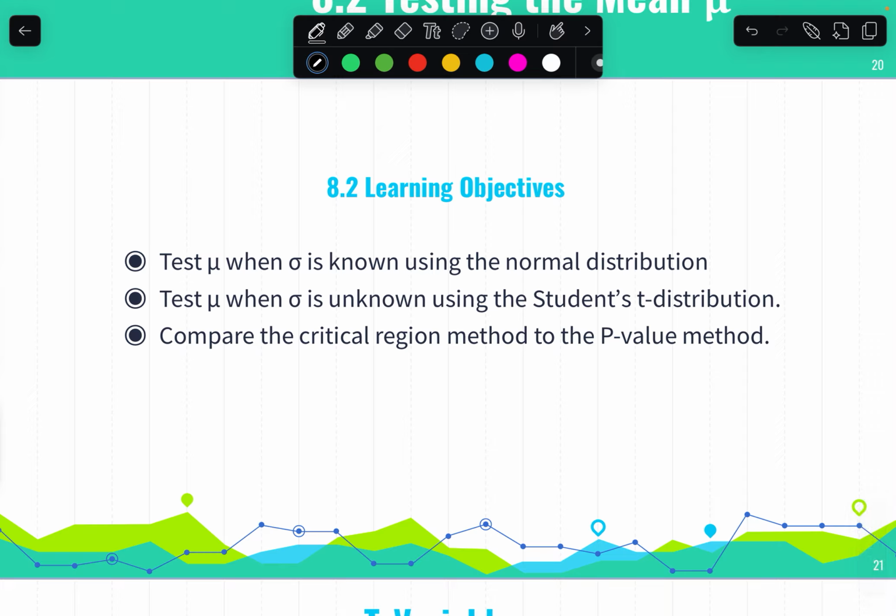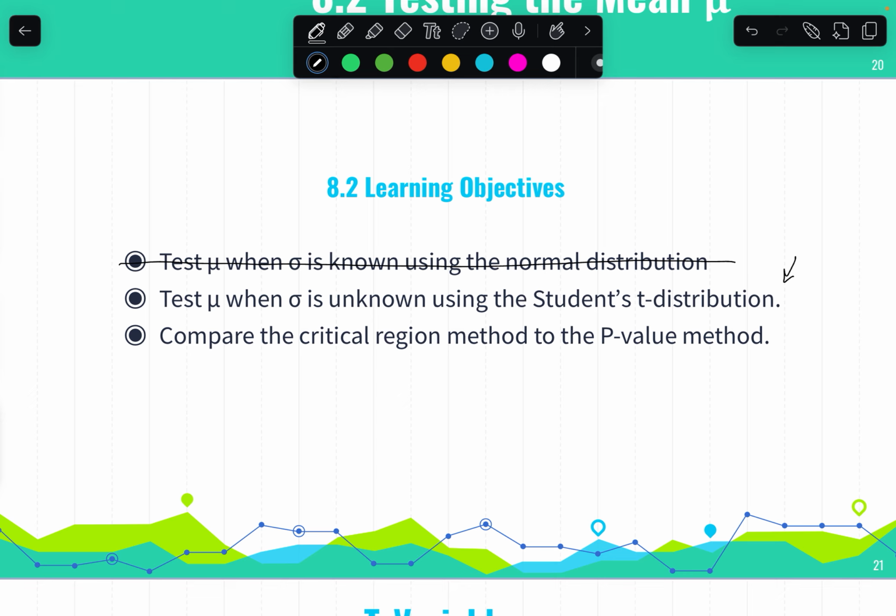So here we're going to test the population mean when the population standard deviation is unknown using the student's t-distribution. This was actually something that we learned in the previous class. So that's going to be the second point here. And then there's also this idea of comparing the critical regions for the p-value method.